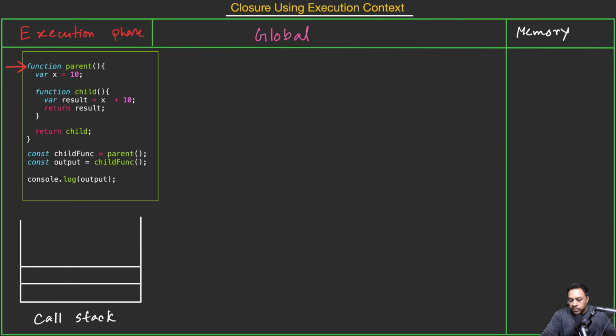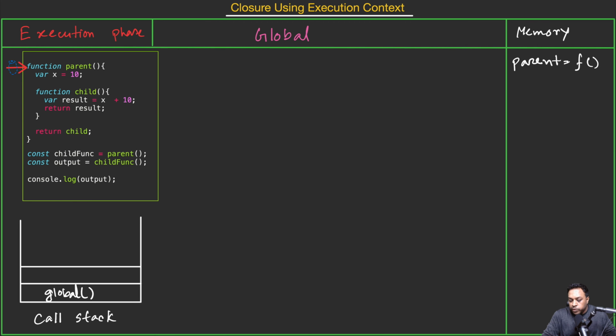Okay, so let's start our execution phase. For simplicity's sake, we will only see the execution phase, not the memory phase. We shall avoid that. So initially in the call stack, there will be global. Here in the global, it is defining the parent function. So in the global context, the parent function will be saved.